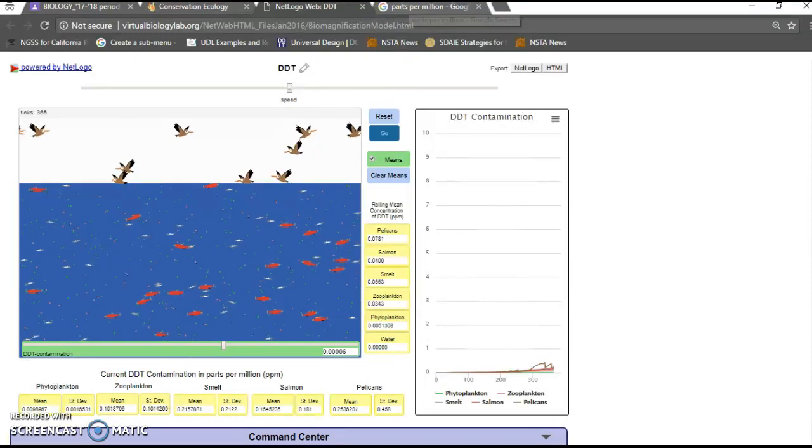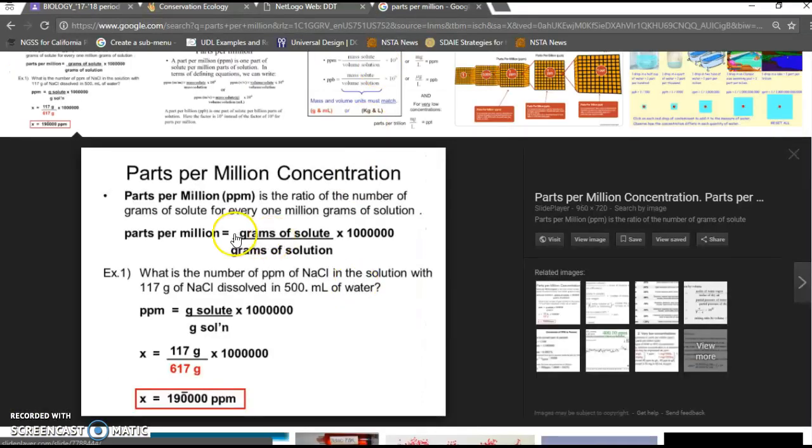Parts per million is kind of a strange calculation, but it's also based on grams of a dry solute that have been dissolved in a certain number of grams of solution. You can see this number here, the million. So parts per million is the ratio of grams of solute over grams of solution. It's the number of grams of solute for every 1 million grams of solution.